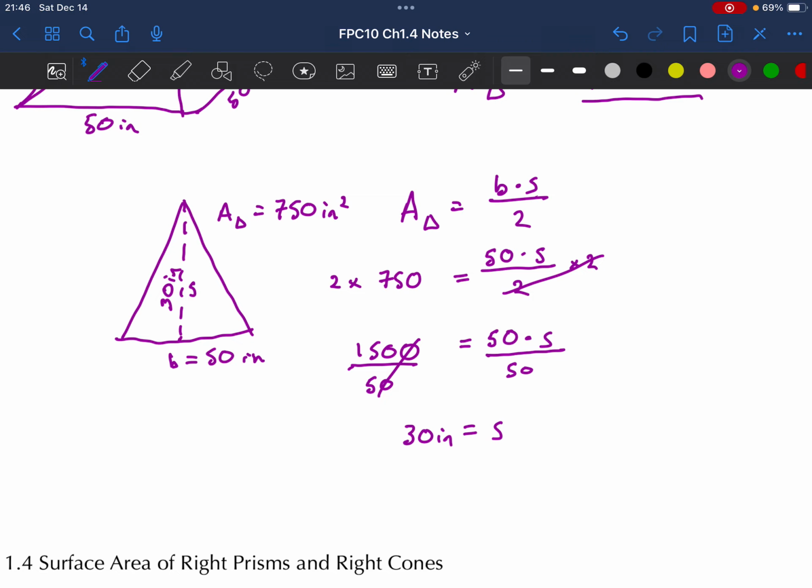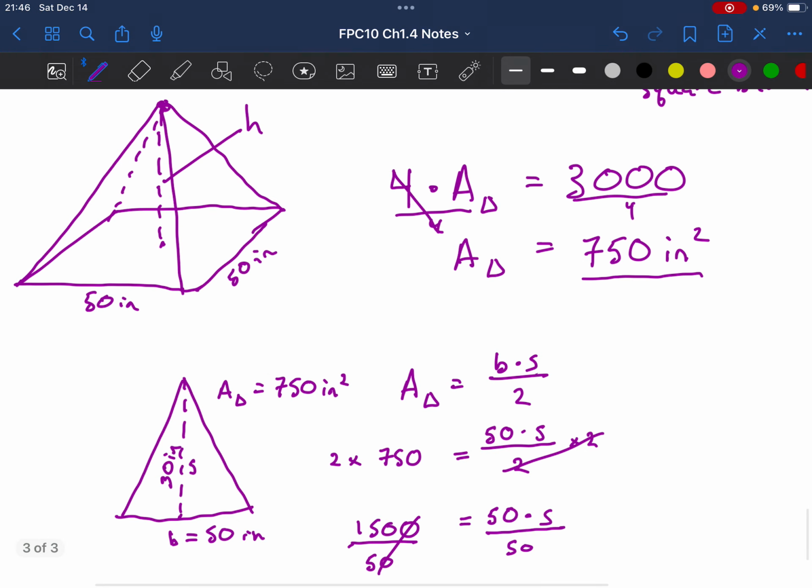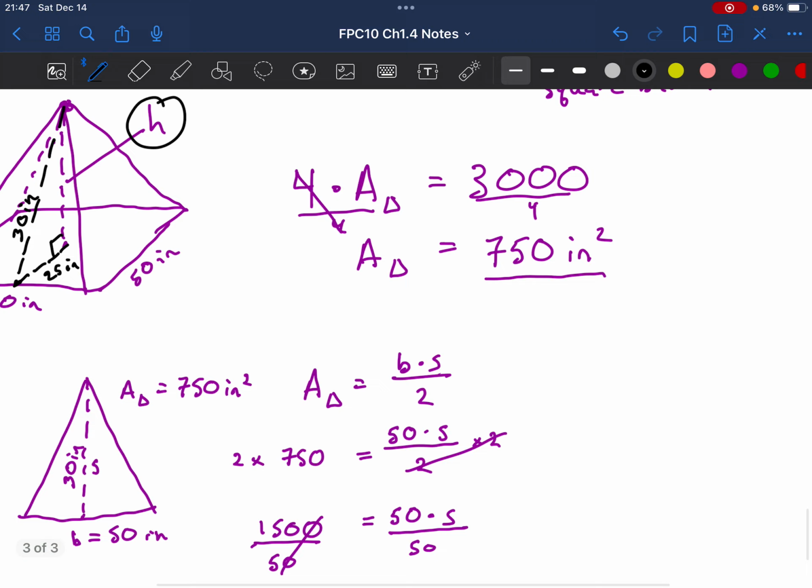But that's not what the question's asking us for. The question's asking us for the height. So now I know this is equal to 30 inches. I also know that this is 25 inches. So now I have to use Pythagoras' theorem to determine my height.